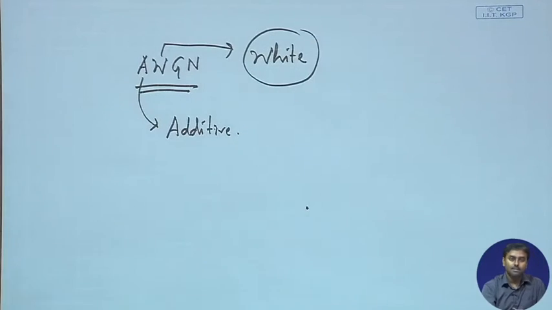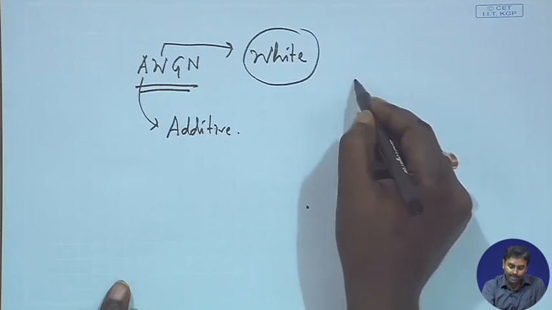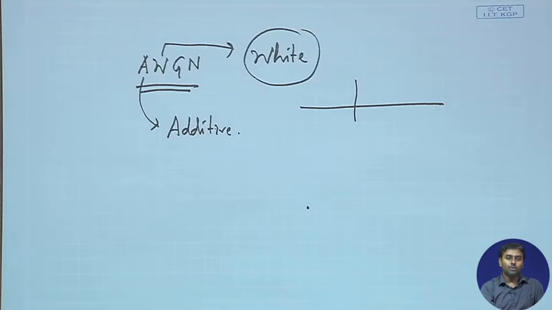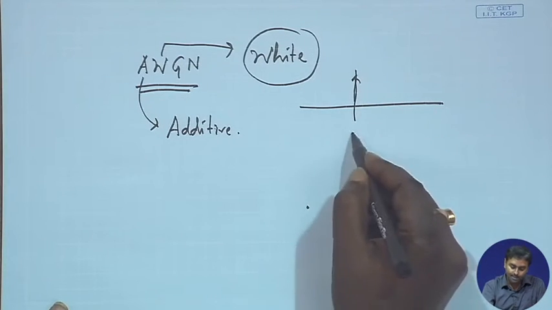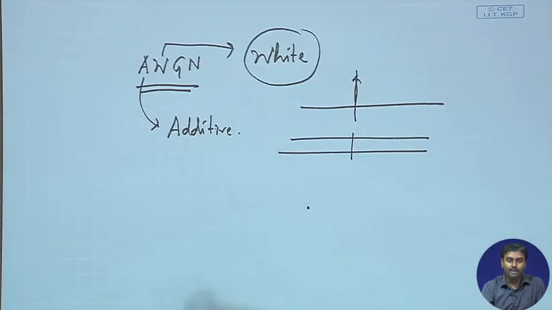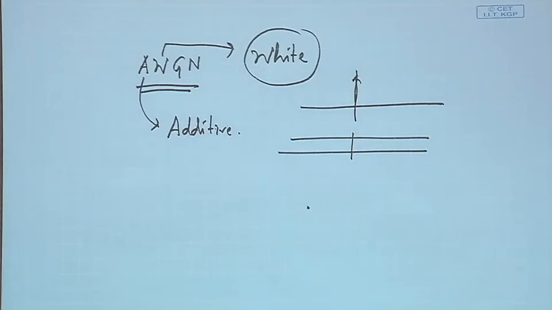Then the next term is called white. So, the noise that we have characterized, which is probably the most random noise that we know, has an autocorrelation function of impulse and a corresponding spectral density which is flat. This is what characterizes it to be white.